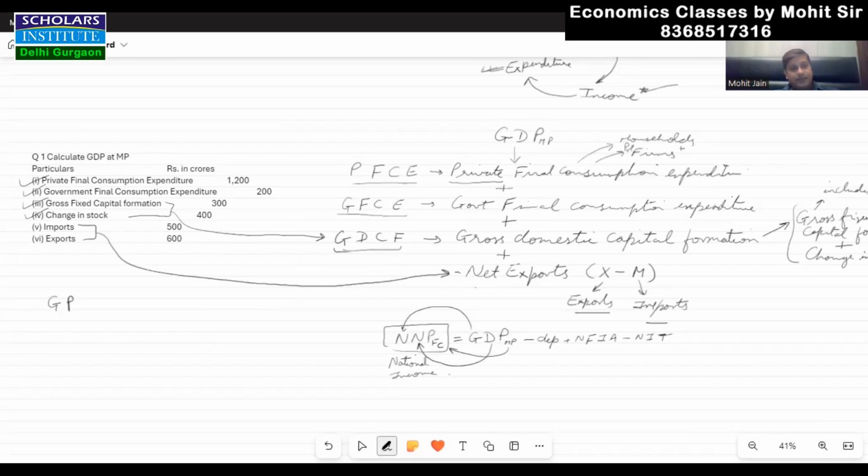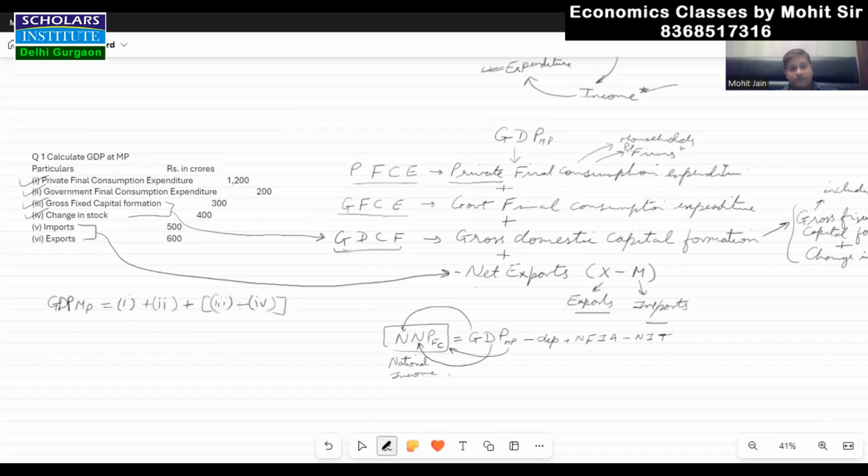GDP MP will be equal to first plus second plus third plus fourth.